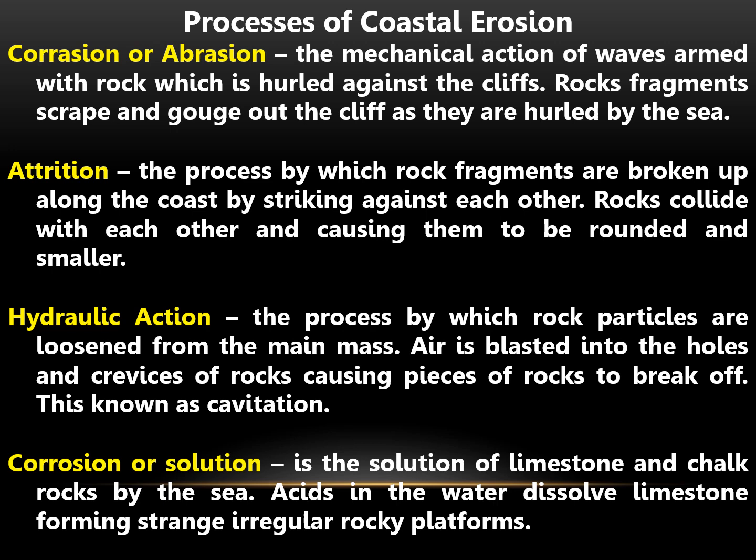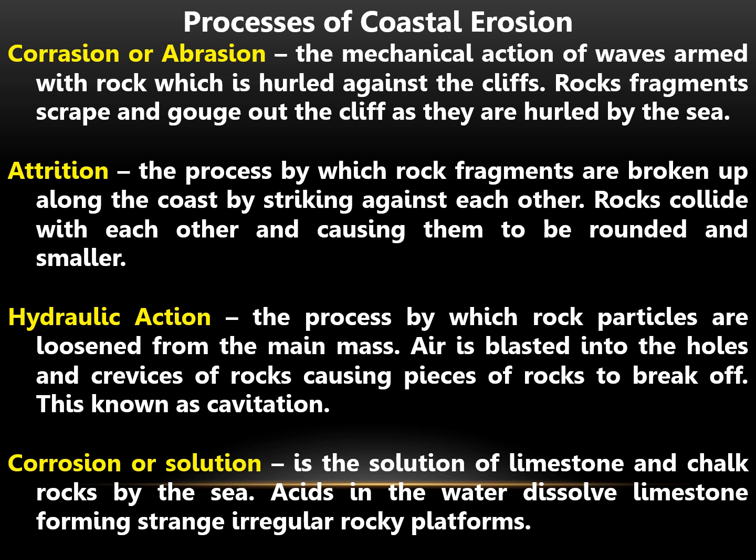But with corrosion or solution, it's basically that the water itself is acidic, and this tends to be more effective along limestone coasts, where because the water itself is acidic, it is what we call carbonic acid, and it's acidic because it has other minerals in it like salt and so on, and even carbon dioxide.